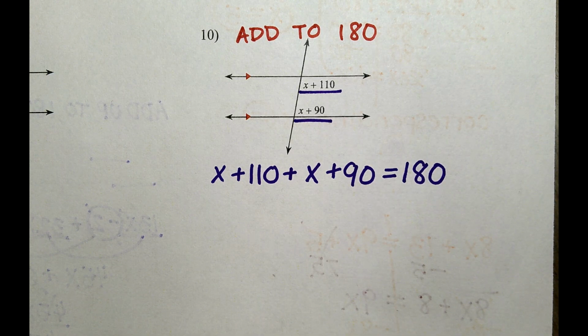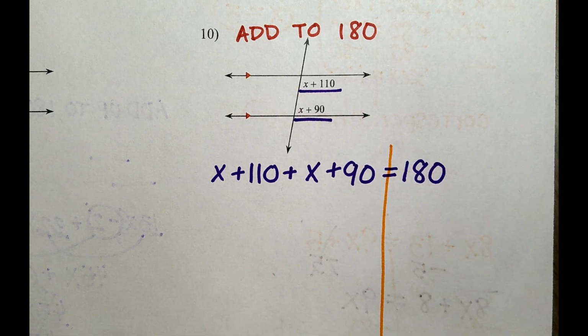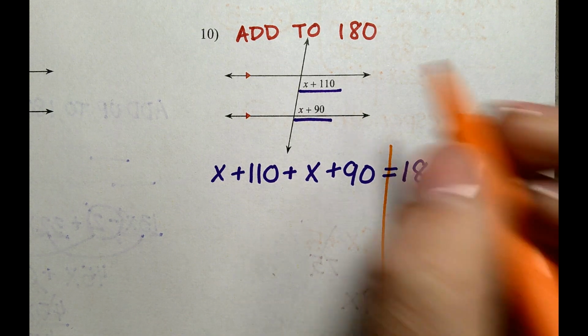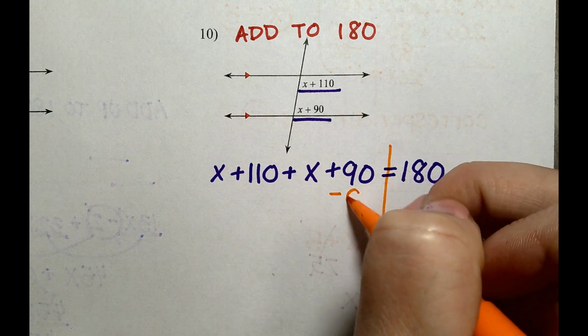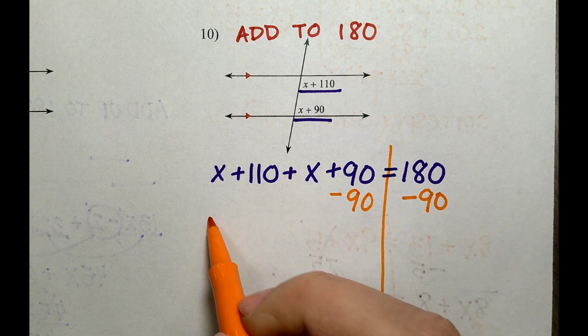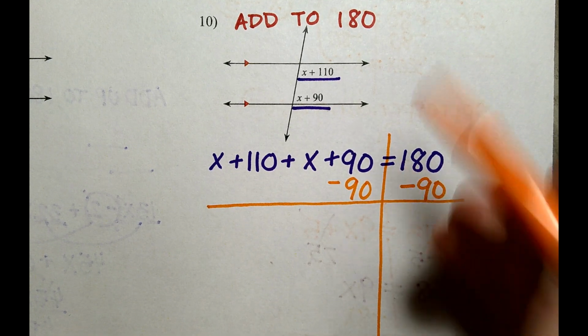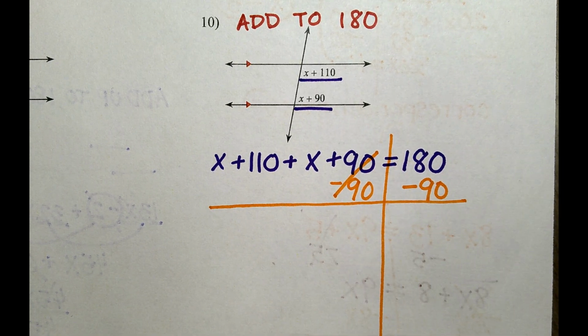What do I do from here? Right, subtract 90? We could definitely do that. Okay. What happens now?